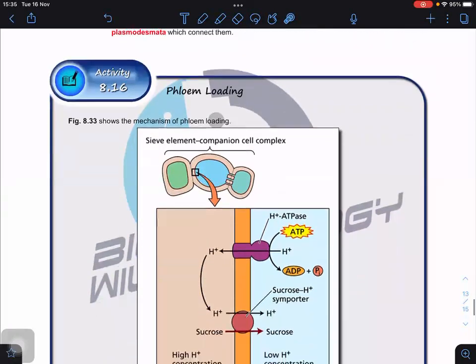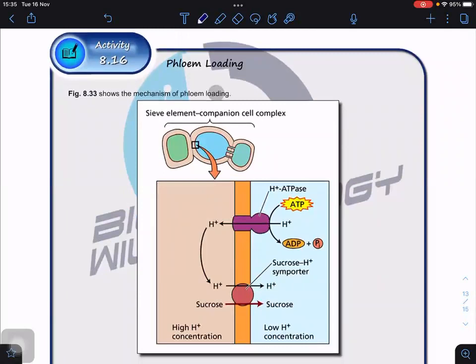So in this diagram, let me label: this is the mesophyll cell. This is the companion cell, and this is the sieve element.